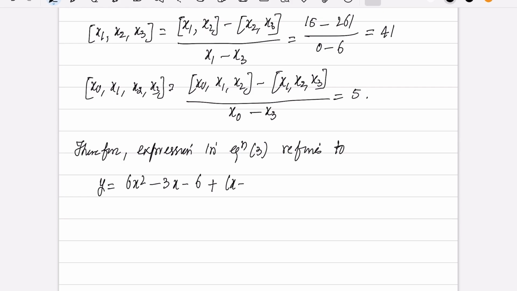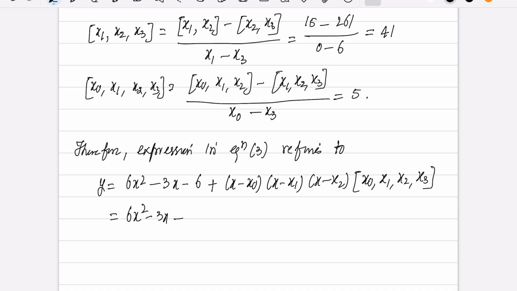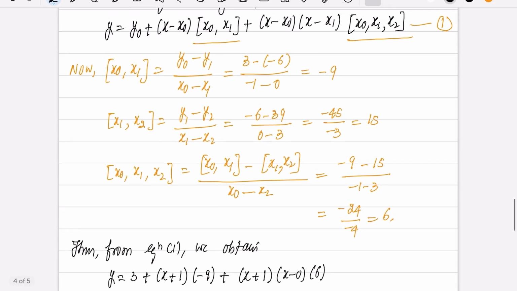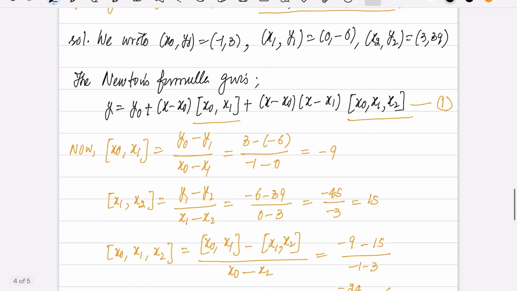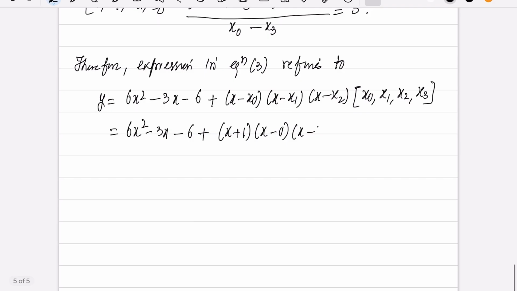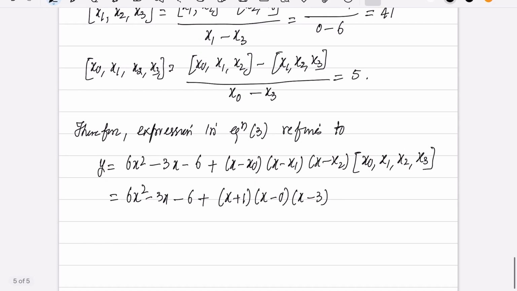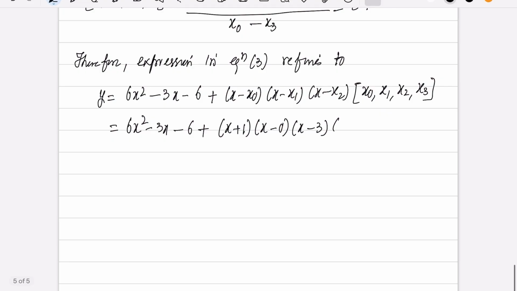plus x minus x0 into x minus x1 into x minus x2 into [x0, x1, x2, x3]. So this is equal to 6x square minus 3x minus 6 plus, with x0 equal to minus 1, x plus 1 into x minus 0 into x minus x2, where x2 is equal to 3, and [x0, x1, x2, x3] computed here is equal to 5.